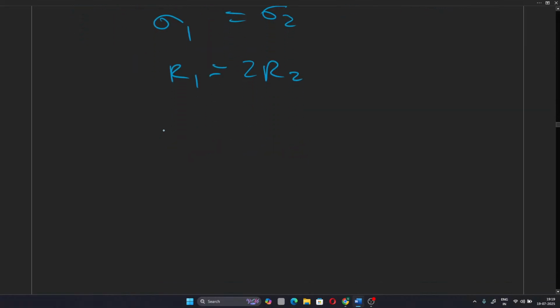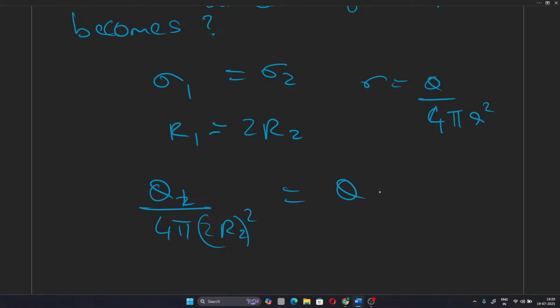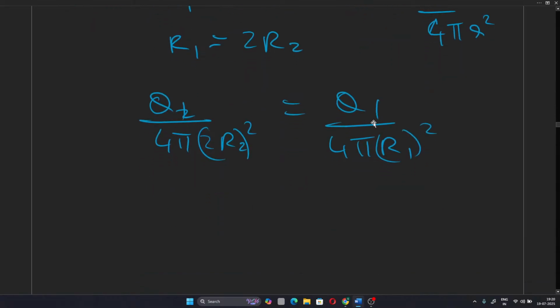So when we compare, sigma equals q by area, or 4 pi r square for spherical shells. q1 by 4 pi r1 square equals q2 by 4 pi 2r2 square. Now 4 pi gets cancelled.